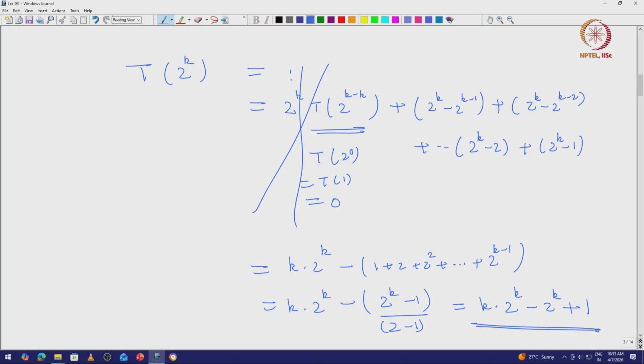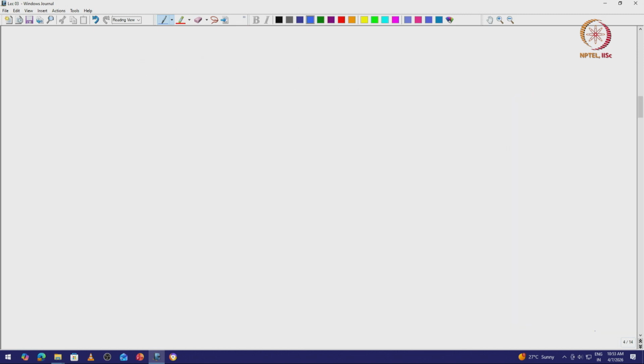We express this as a function of n, and when we do that, T of 2 power k is k times 2 power k minus 2 power k plus 1, and that is equal to log n times n minus n plus 1.